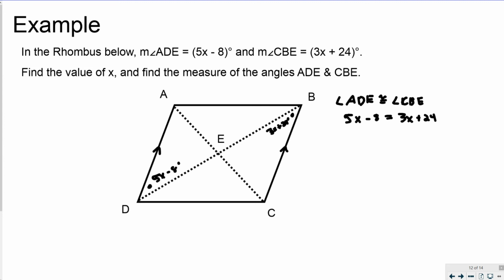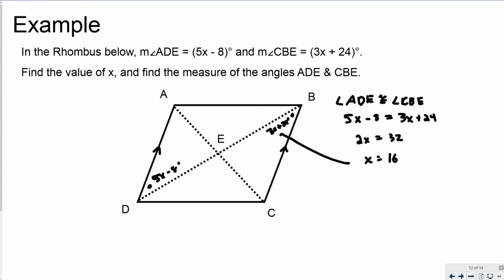And now I can do some solving to get that 2x over here, because I'm taking 3x from both sides and adding 8 to both sides is 32. So x equals 16.